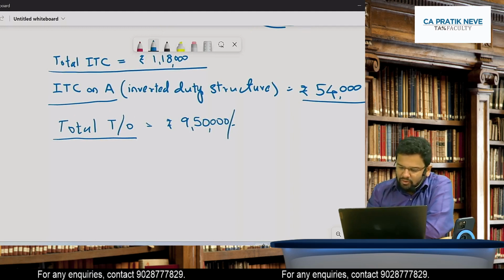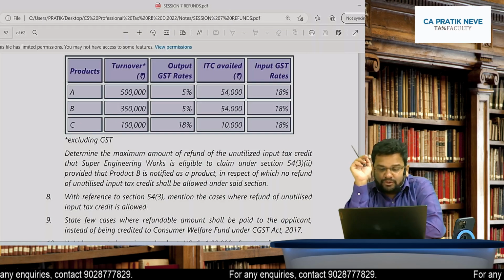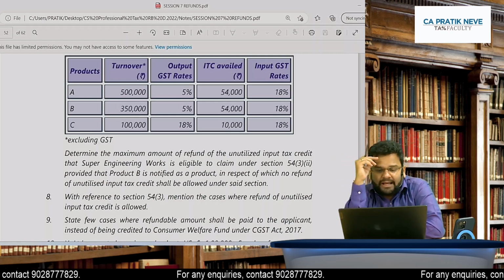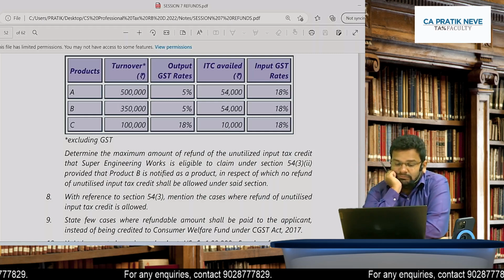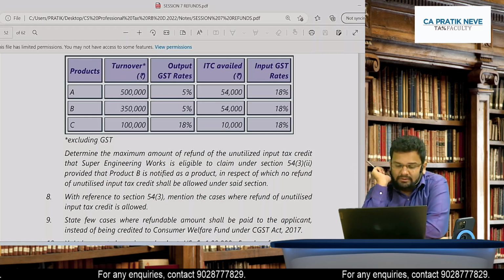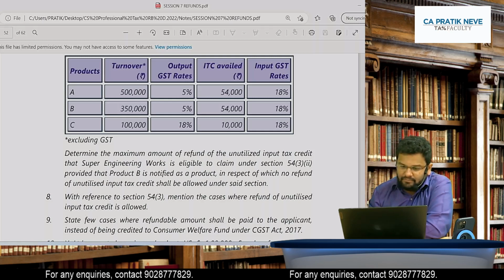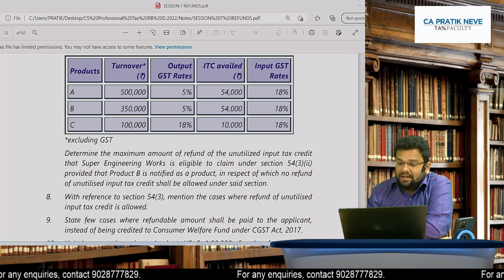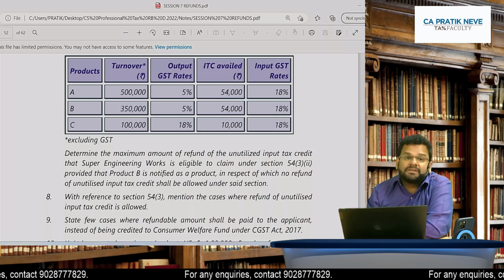And one more thing I want you to observe. The inverted duty structure product is A, right? So on A, what is the output tax payable? 5 lakh into 18%. Sorry, not 18%, not 18. 18 is the input tax rate. 5 lakh into 5%, yes.